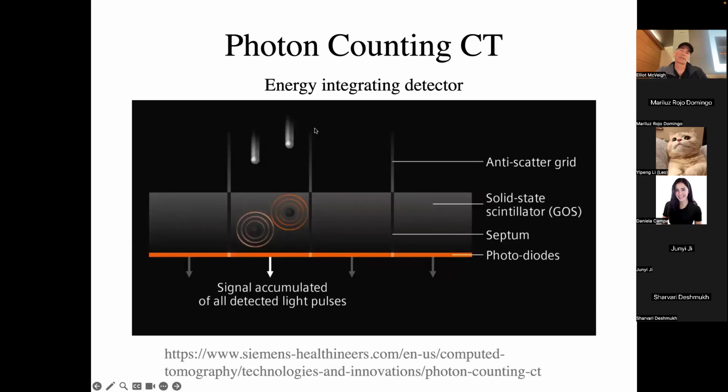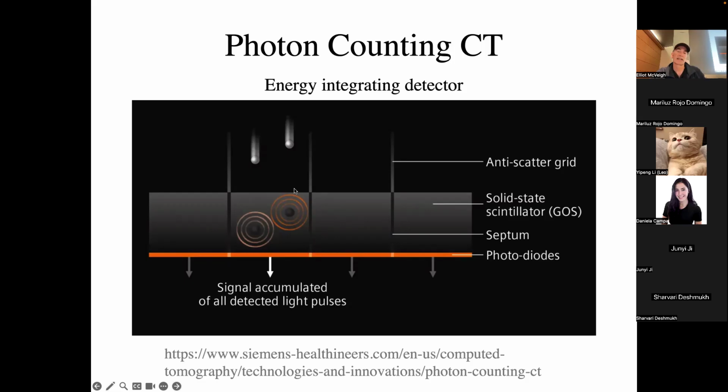Up to about 2 years ago, commercially, all CT scanners used a material that basically caused a scintillation, or a light flash, when X-rays came in and were absorbed by the material. You tried to keep that light contained in a column by putting septa in the material.